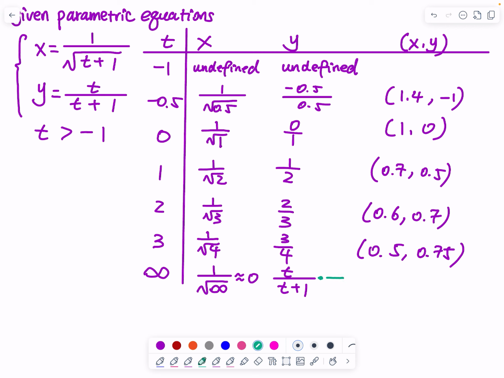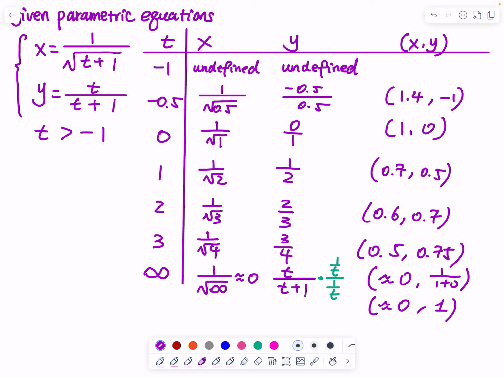So I would divide each term by t raised to the first power. That gives you 1 over 1 plus 1 over t. When you plug in a very large t, this is nearly 0. So you get 1 over 1 plus 0, which is something close to 0 comma 1.